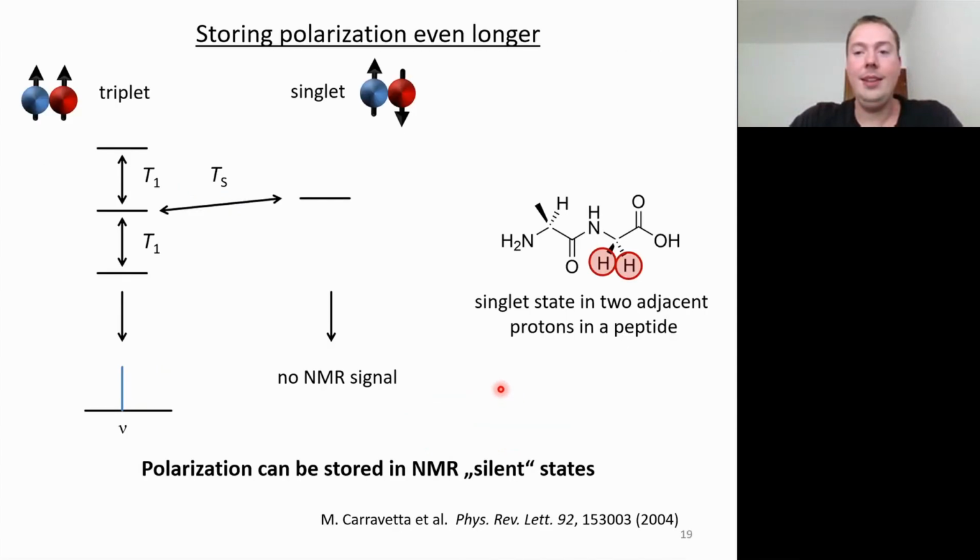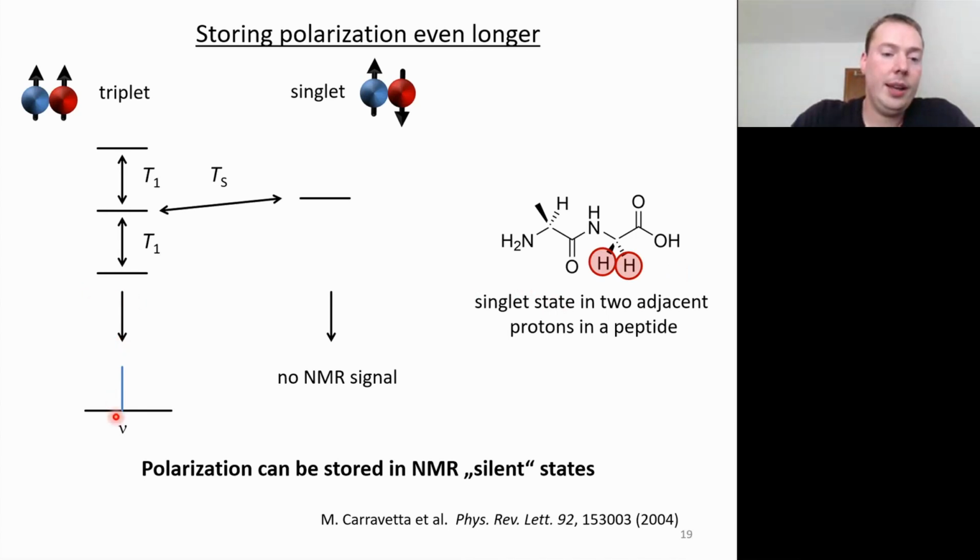So in the end, I would like to show a few slides going a bit away from this T1 phenomenon to the so-called singlet states, a phenomenon which was introduced about 15, 16 years ago by the group of Malcolm Levitt in Southampton. The idea is that we have these triplet states of two adjacent spin 1/2 nuclei. It's basically similar to what we have in parahydrogen, but these nuclei can be anywhere in any type of molecule, like 2 protons in amino acids, for example.